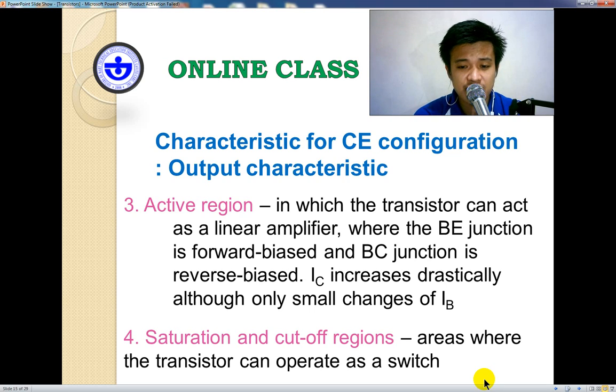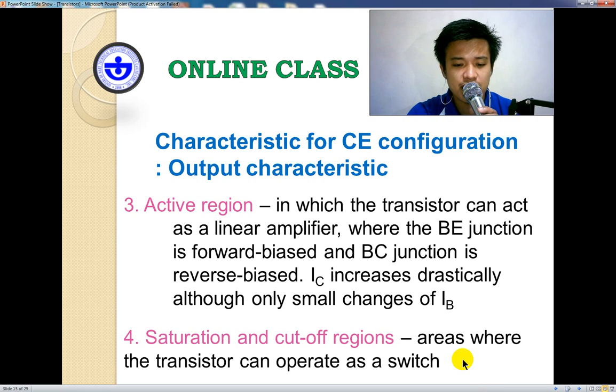But if the current is not enough on the base, then your transistor acts as a switch that cuts the flow of current. So that is an open switch. But if there is enough current on the base, your transistor will act as a closed circuit. It will close the circuit in your circuit design.